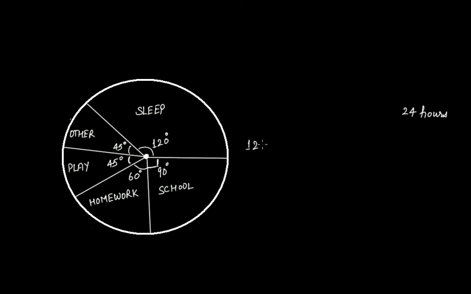So 120 degrees divided by 360 degrees is actually 1/3. This is the fraction, right? It means that 1/3 of 24 hours will give you the hours that you use for sleeping. So this is 8 hours.